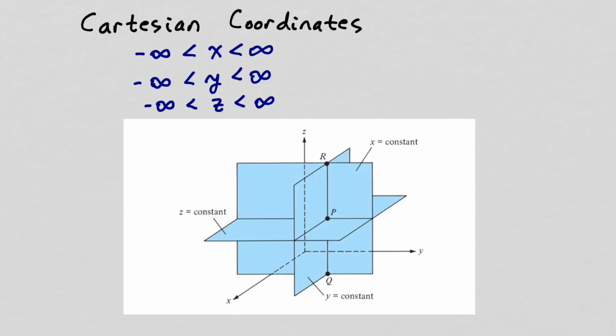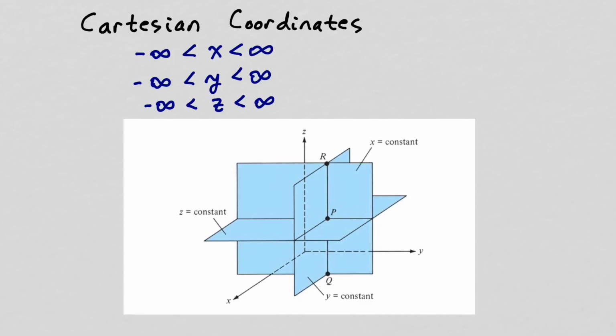The Cartesian system has the variables x, y, and z, and each one of them can range from -infinity to infinity. The way I want you to think of defining a point is as an intersection of three surfaces, and this will be true in all three coordinate systems we will look at.